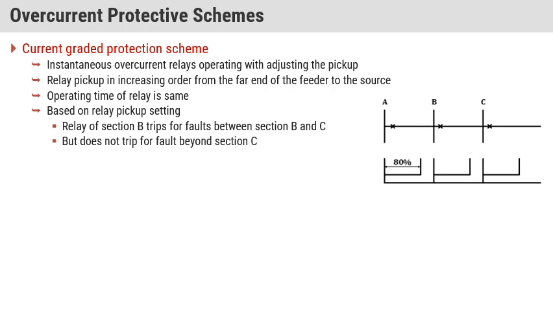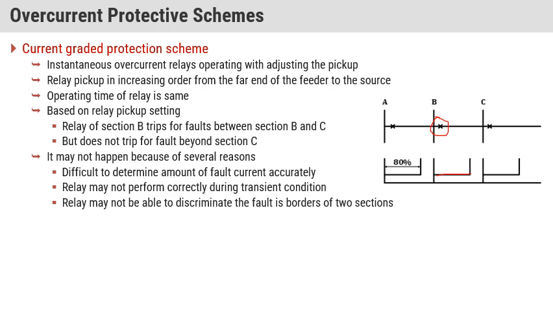The figure below shows the area: the relay at B will operate only if the fault is in this area. This is the area of protection by the relay at bus bar B. All the relays are set such that they protect 80% of the line.